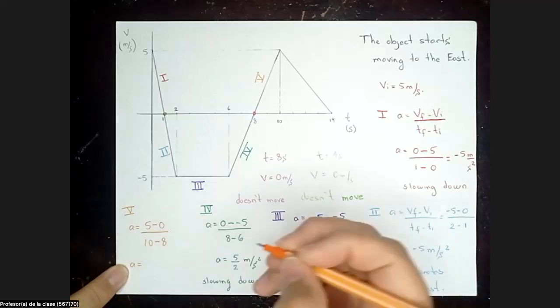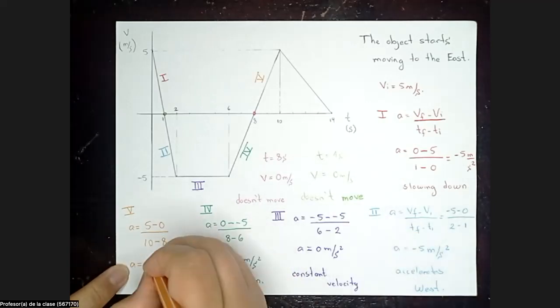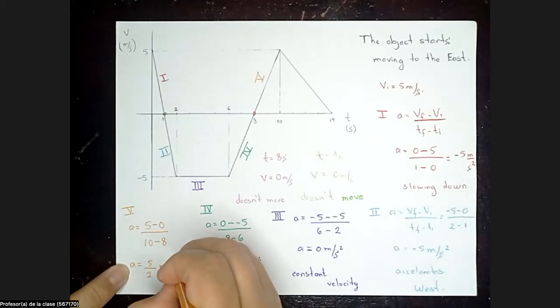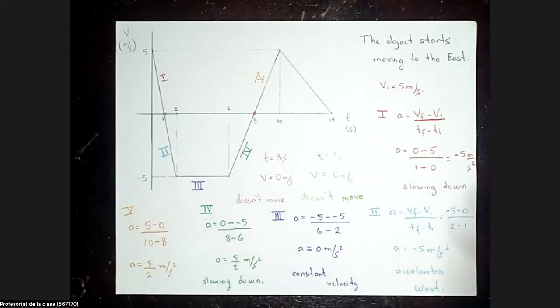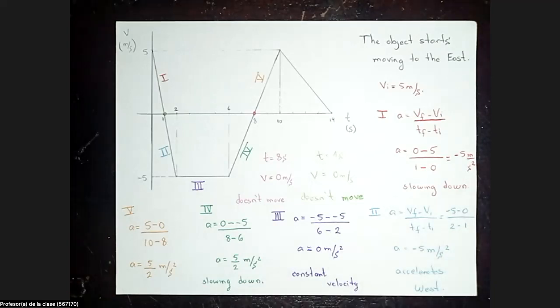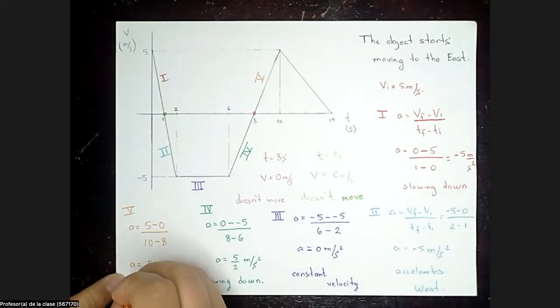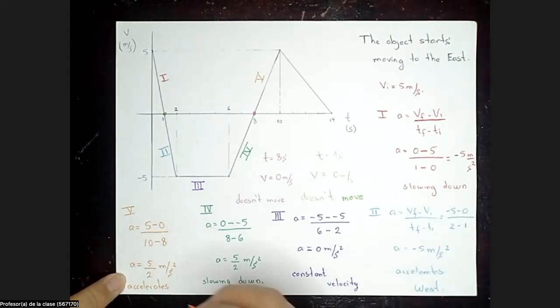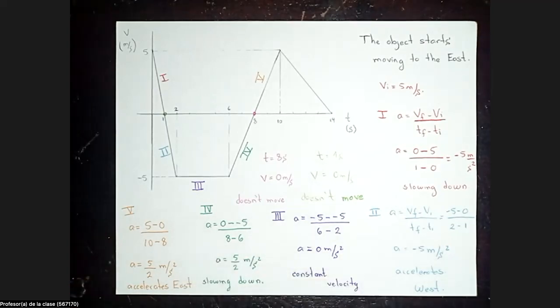So the acceleration is going to be 5 divided by 2. Very good. Here, the interpretation is that the object accelerates, but in this case, accelerates to the east.